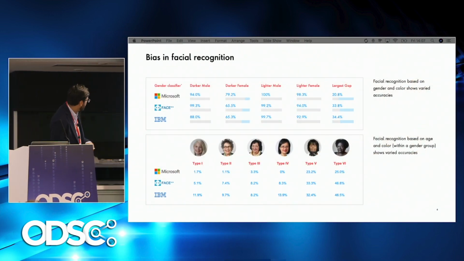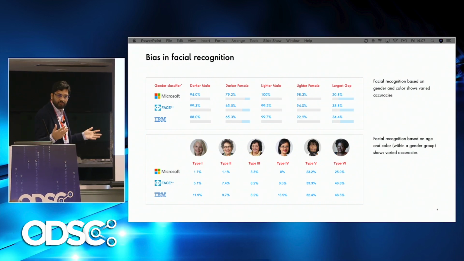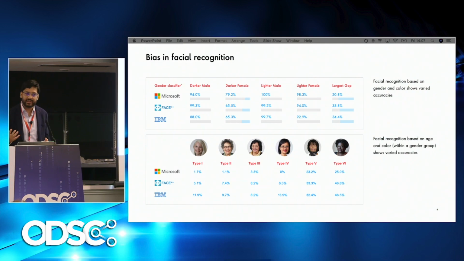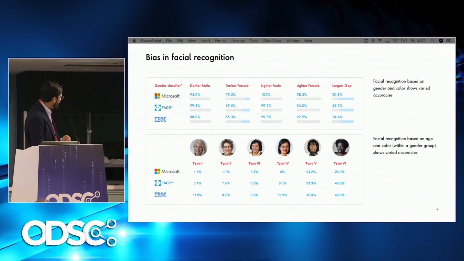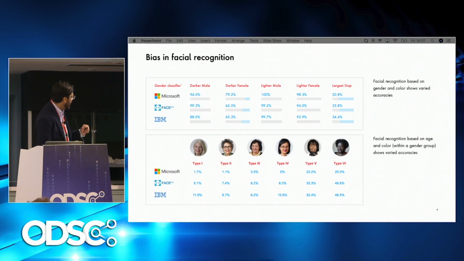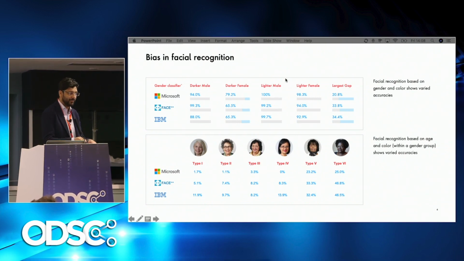This is interesting. There was research done wherein they used three very renowned face recognition apps, Microsoft, Face++ and IBM. What is interesting to see here is that for light color male, the accuracy is almost 100%. So if you put a picture of a light color male, the facial recognition software will recognize it as a male with 100% accuracy.